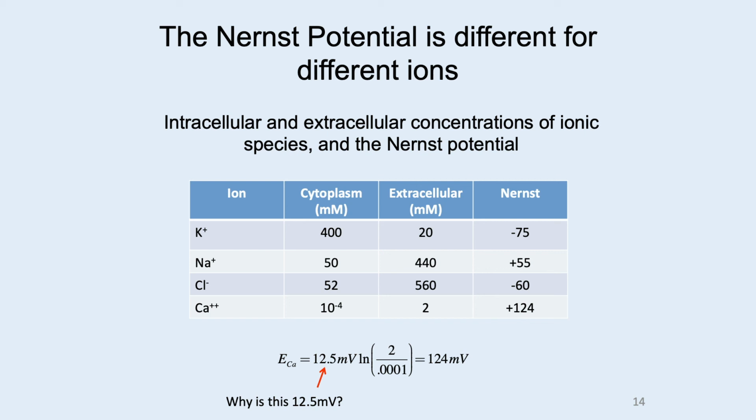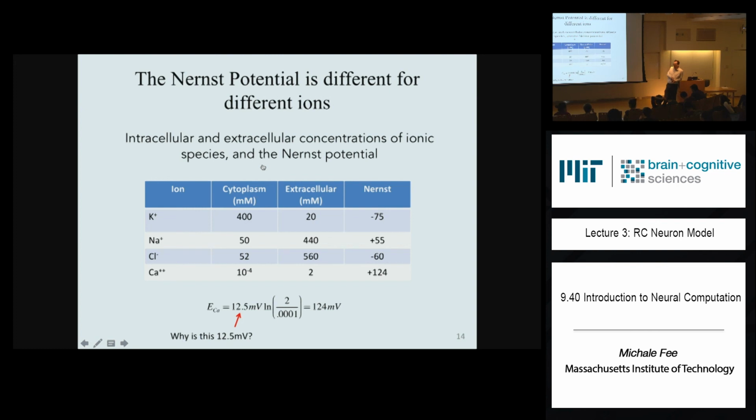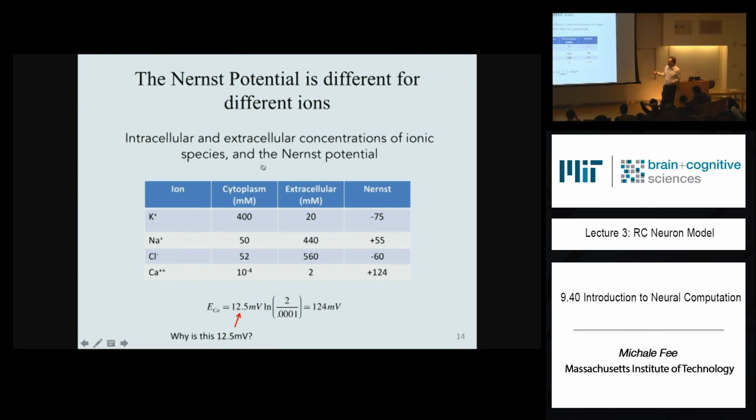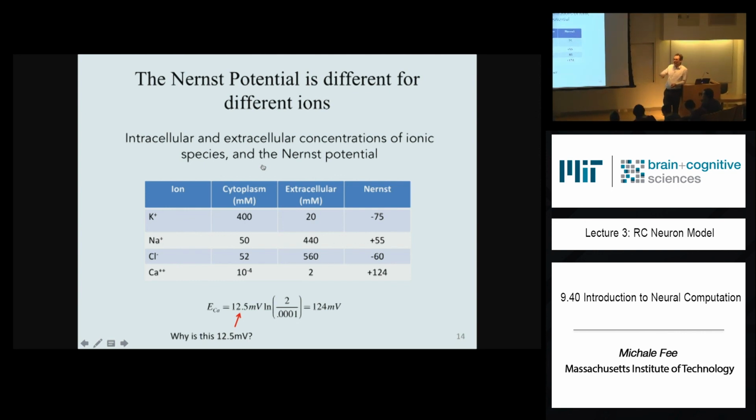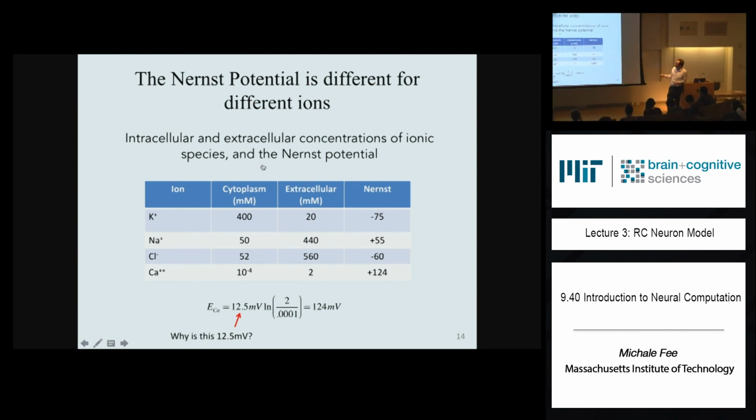So if you, okay, why is the coefficient here, kT over Q, why is that 12 millivolts here instead of 25? Excellent. So it's kT over 2 times the electron charge. Okay, so that's 12 millivolts. Very good.